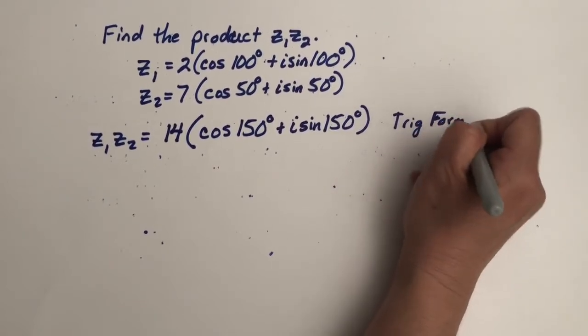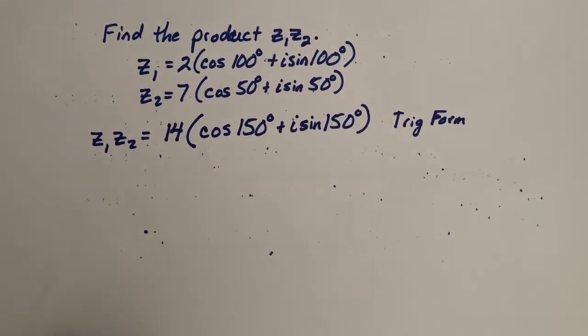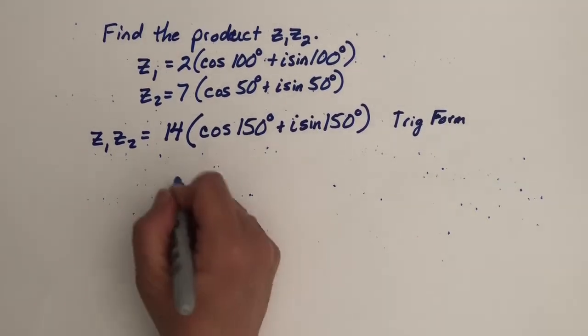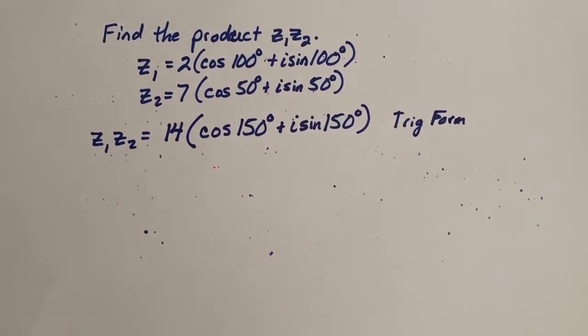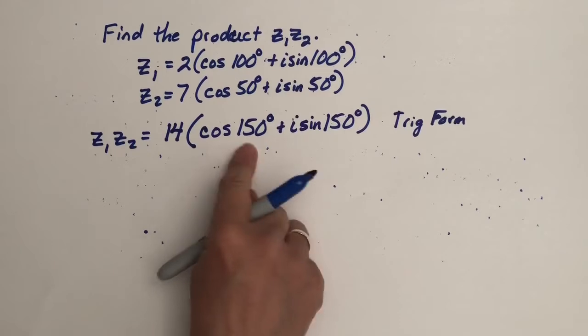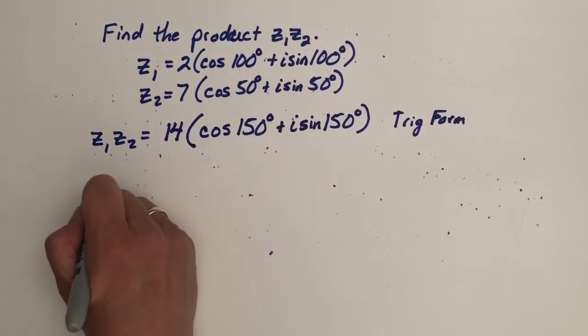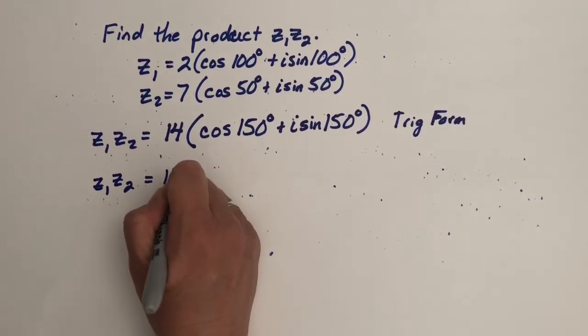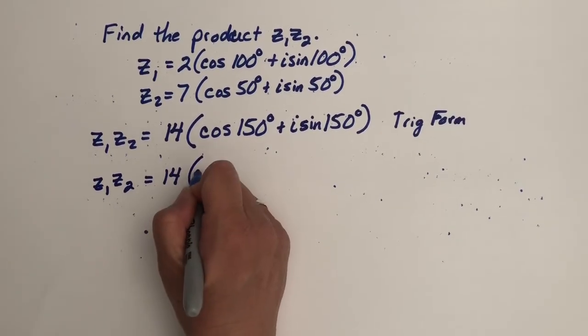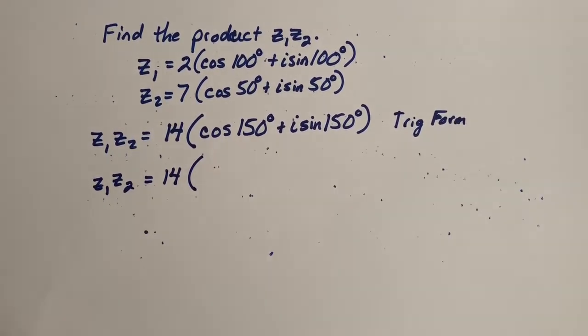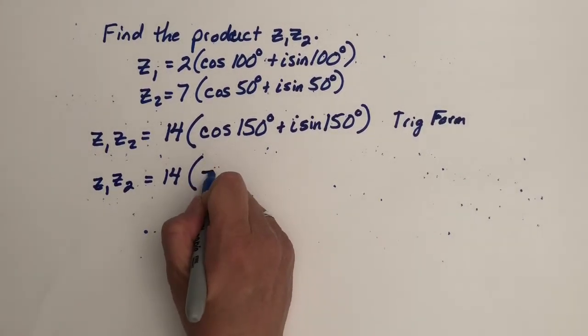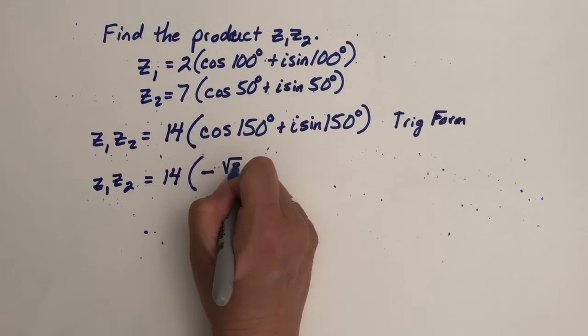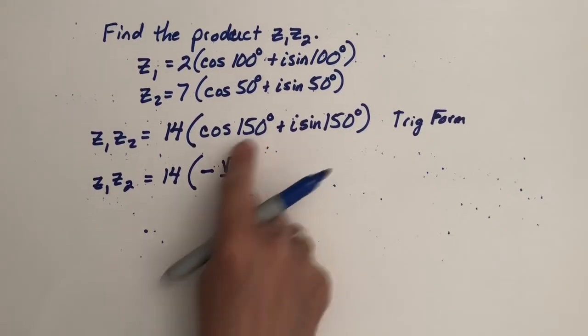If you're wanting to change to rectangular form, let's continue and see how that would work. We're just going to make a substitution for cosine of 150 degrees and sine of 150 degrees. So we have 14 times cosine of 150 degrees. Notice we're in the second quadrant, so we have a negative square root of 3 over 2, right? Reference angle is 30 degrees there.